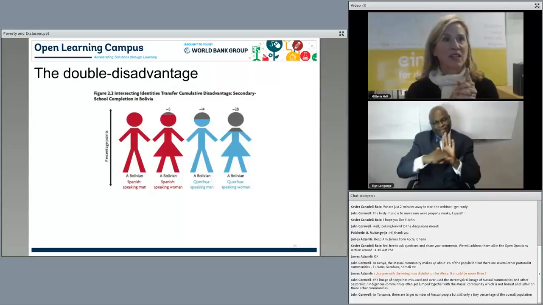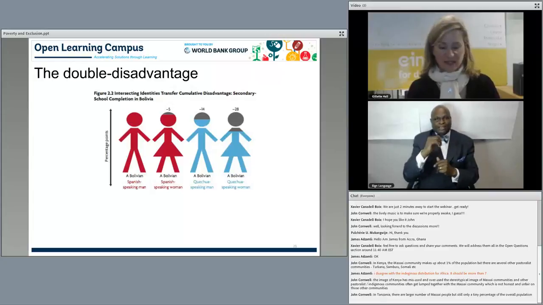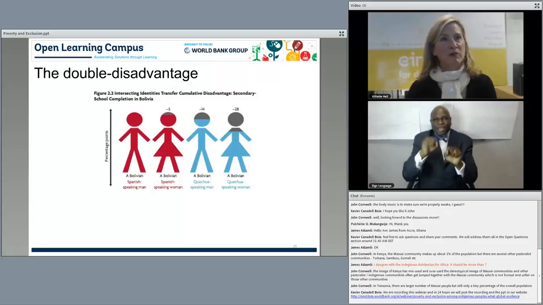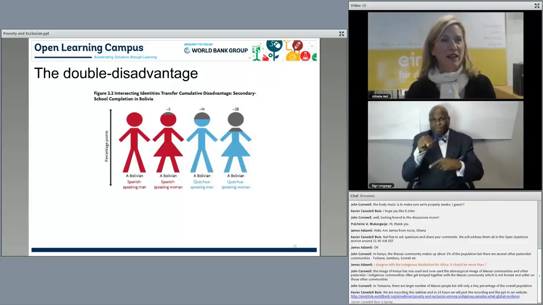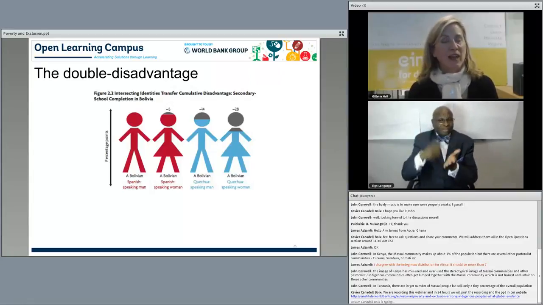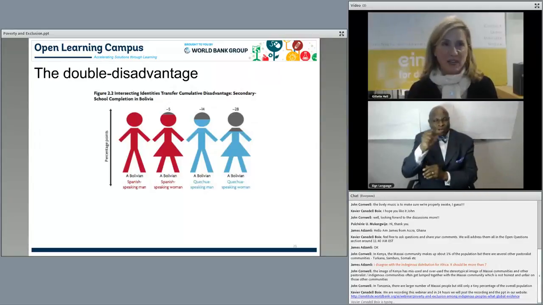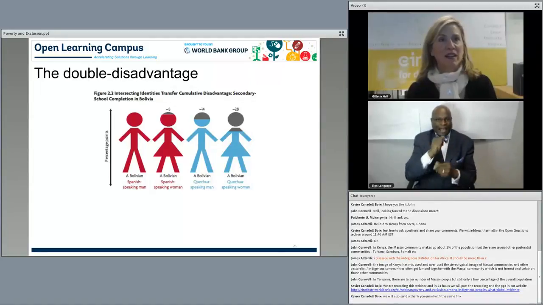So what you see here are the chances, as calculated, of being able to complete secondary school, and this is in Bolivia. If you take as a reference point on the left the Bolivian man, then if you are a Spanish-speaking woman, you have a 5% chance less of completing secondary school.